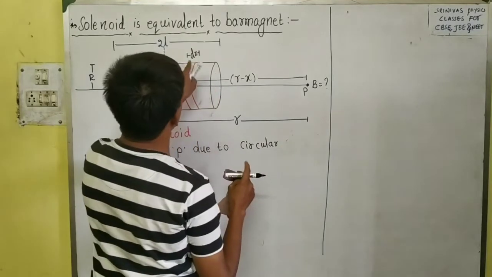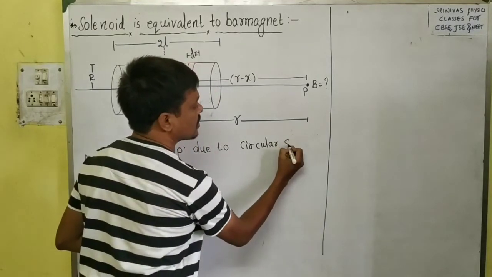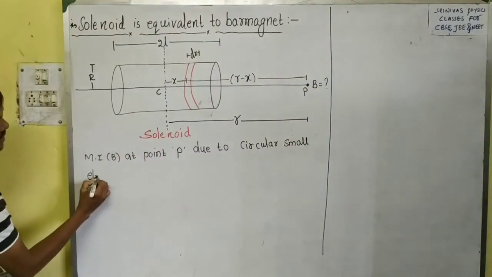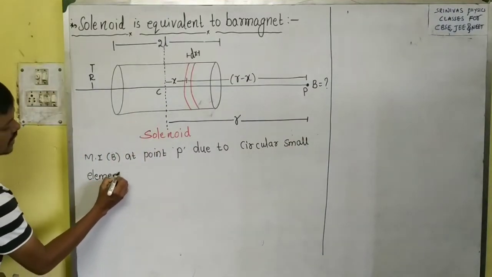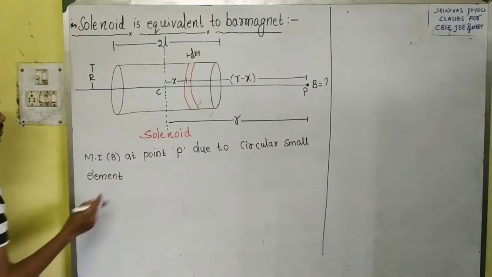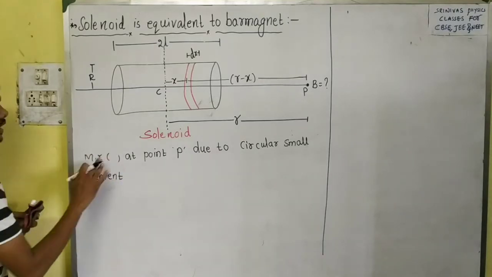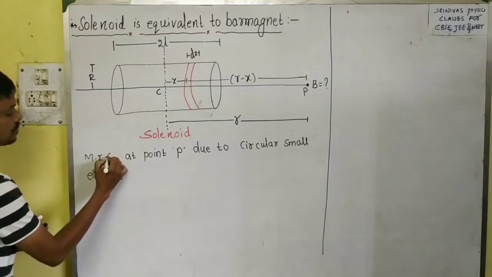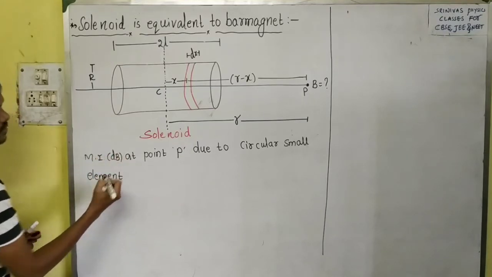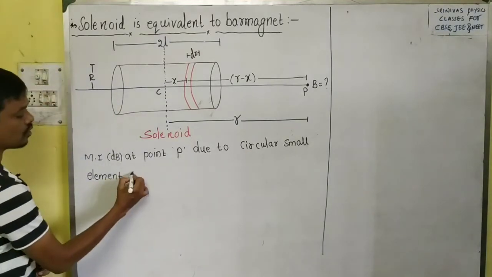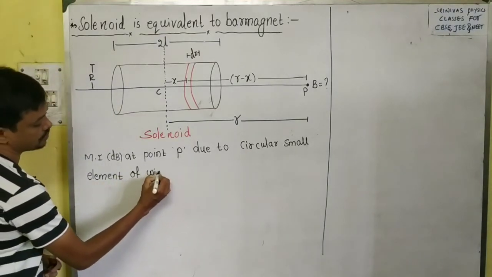This small element is in circle shape. The magnetic induction at point P due to the circular small element of width dx, I will consider as dB.